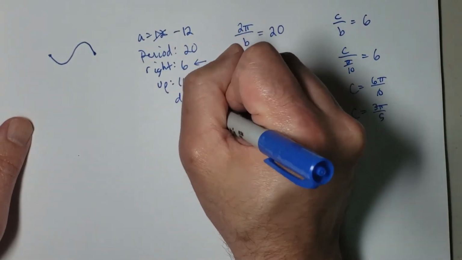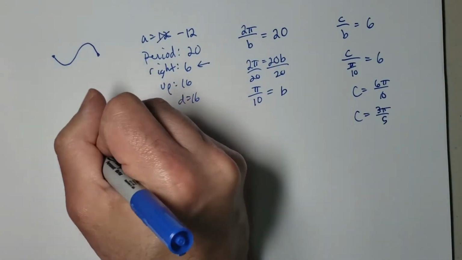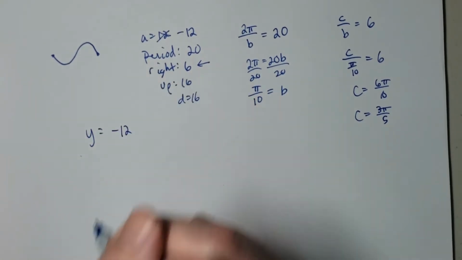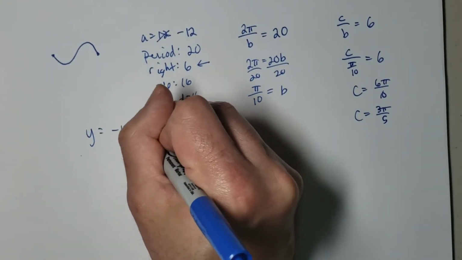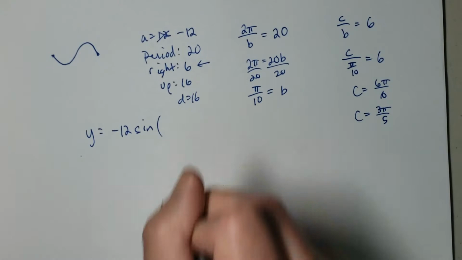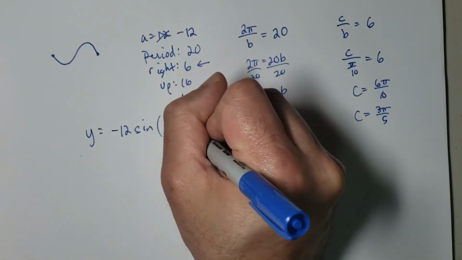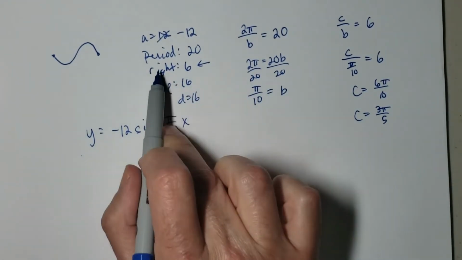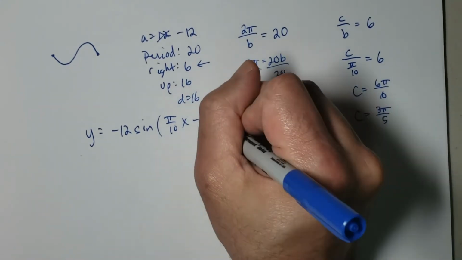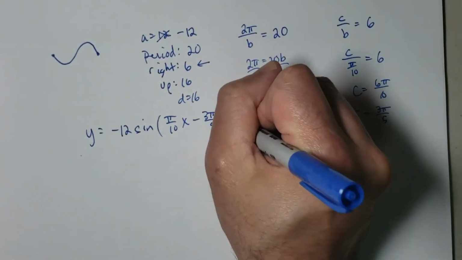This tells me D is 16, so now I can put this all together. Y equals negative 12, because it starts going down. It's a sine function. B we solved to be pi over 10. It's moving right, so I'm going to subtract C, which is 3 pi over 5, plus 16.